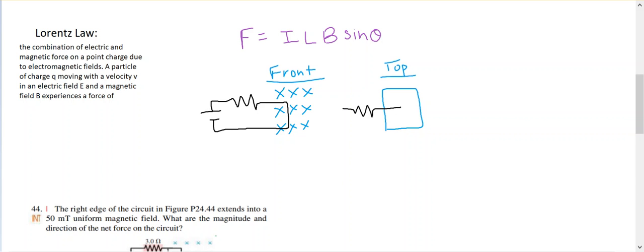These two intersect perpendicularly, and when something intersects perpendicularly, it makes a 90-degree angle. Now, of course, if the circuit intersects the B field at a different angle, you'd have to find that angle, but for this specific problem, we'll use the 90-degree angle.